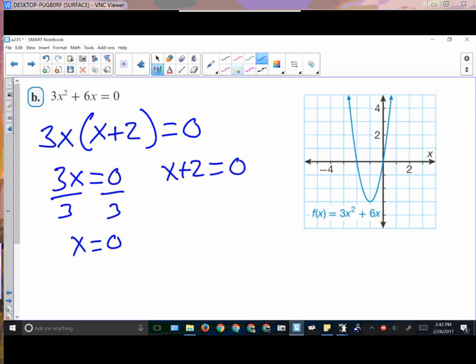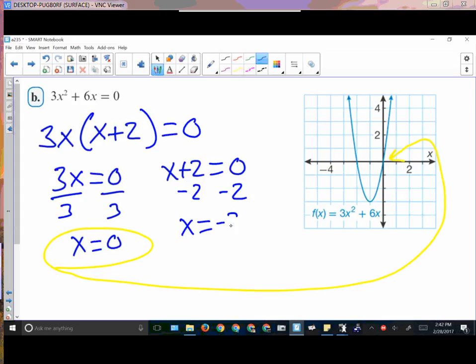Well, is that right there? That's 0, 0. Okay. Subtract 2, x is equal to negative 2. Is that right there? There you go. This is what we're looking at. This is what we're doing.